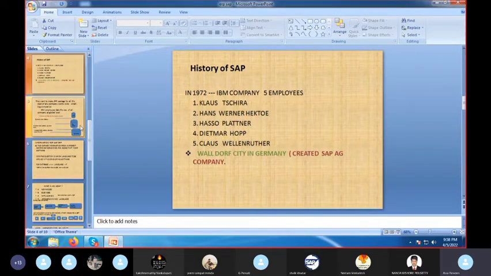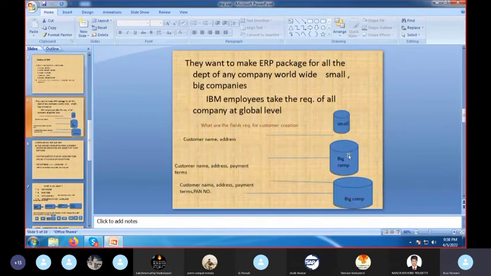So they went to different business companies, small ones and others. What I wrote here is that they wanted to make ERP packages for all the departments of any company worldwide, whether it is a small company, big, or moderate.